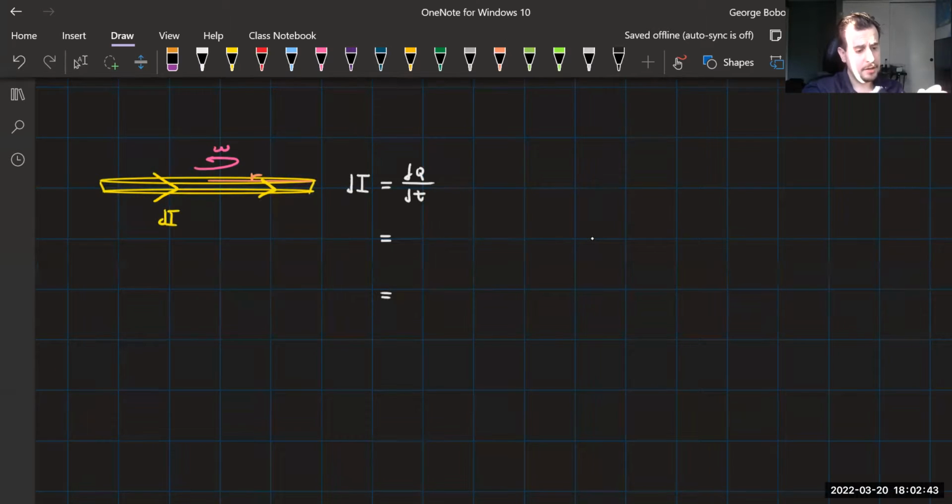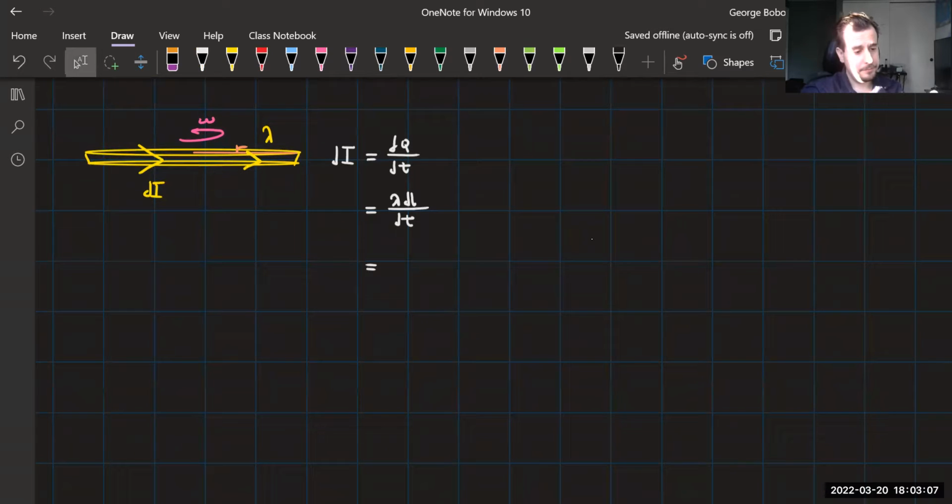So instead of doing sigma dA, I would do lambda dL again. I'll pretend that this ring has a linear charge density, and dL is going to be the total length of it over here.